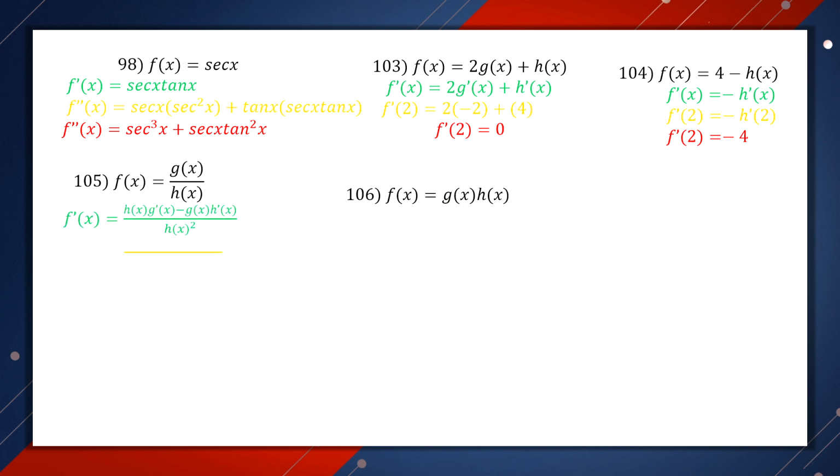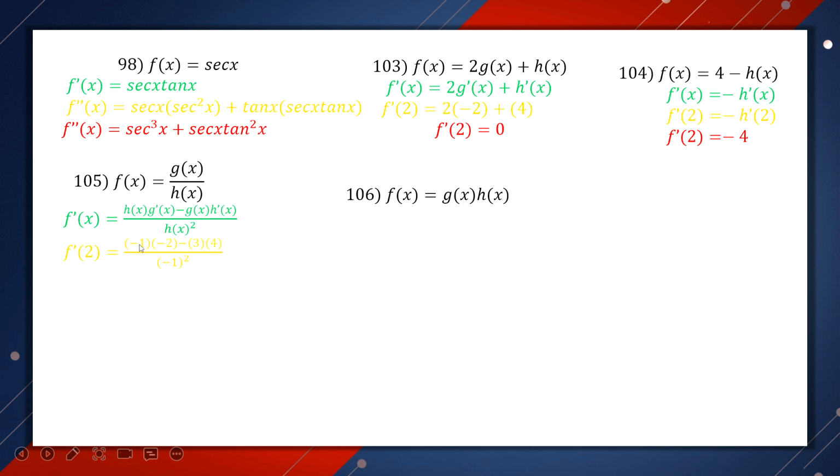And in the next question, f of x equal to g of x over h of x. So in this question, we should use the quotient rule. That's g of x is f of x and h of x is g of x. So we need the derivative of g of x first, minus the derivative of f of x first, and have g of x squared.